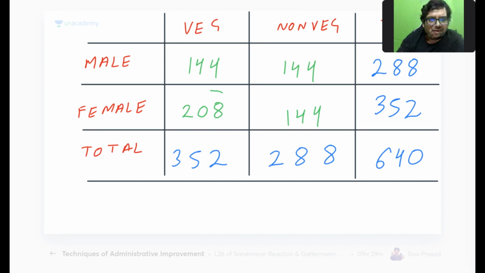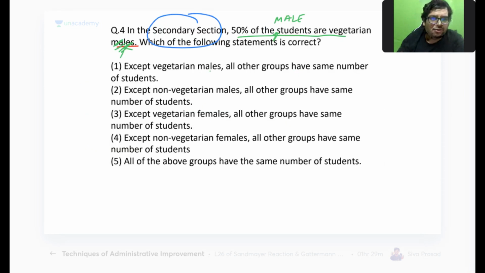No, except veg females, all other groups have same number of students, which is why this will be option 3. Are you guys okay with this? I think वो last वाले question के अंदर थोड़ी सी गड़बड़ थी, so that's why it was important that we fix that.